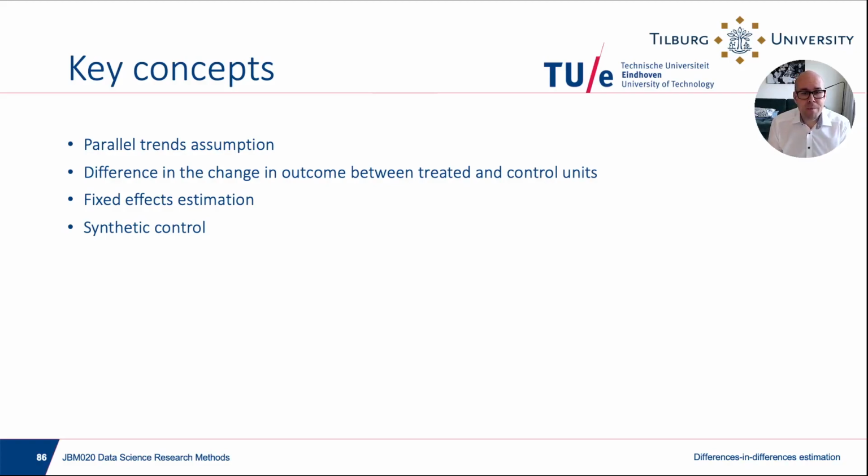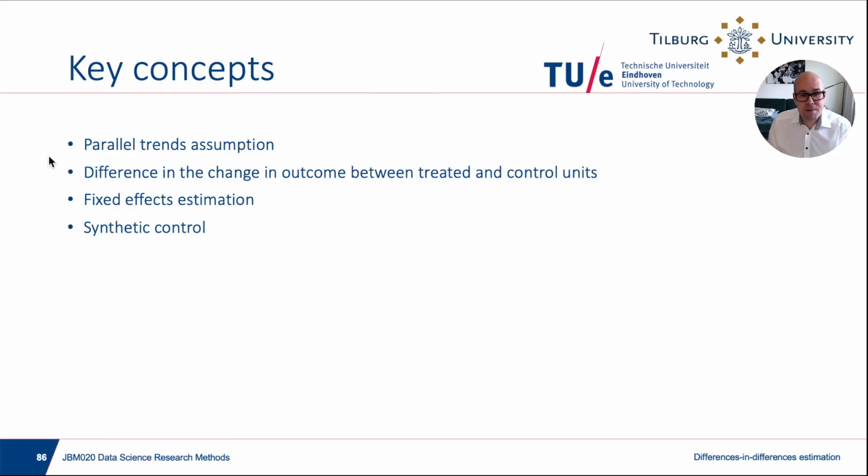At the end of the day, differences in differences estimation is comparing the evolution of the outcome between treated and control units, and these control units, as we have seen, can also be synthetic controls, and it can also be a prediction based on big data.